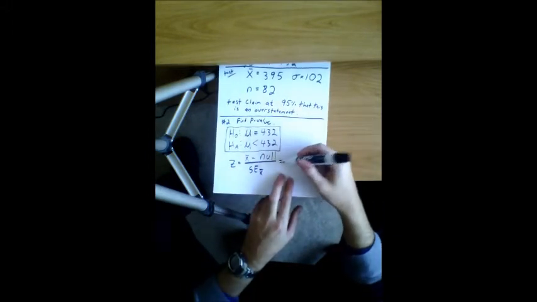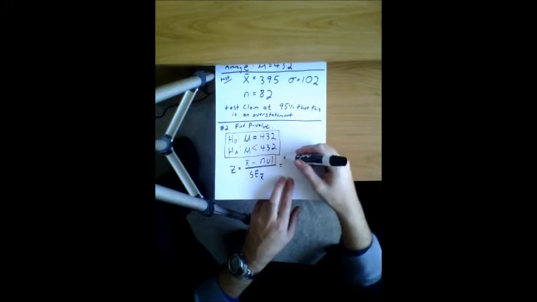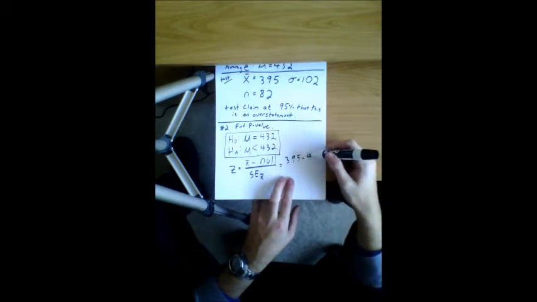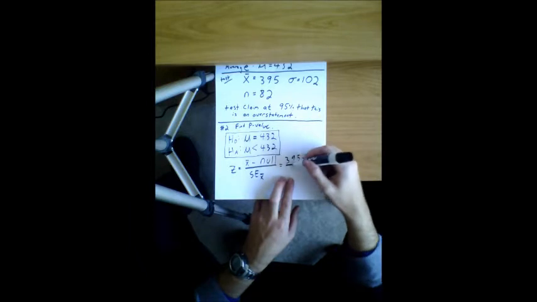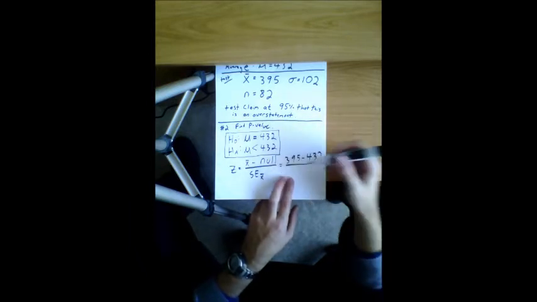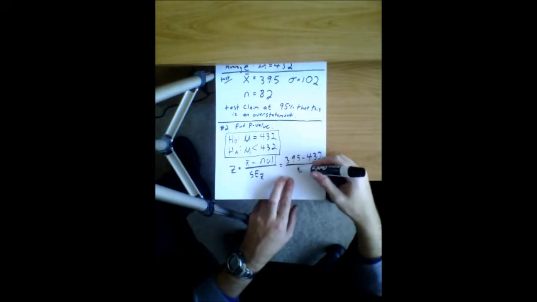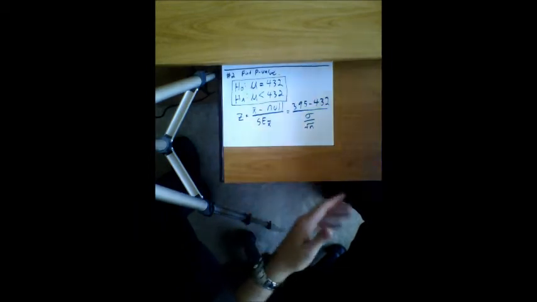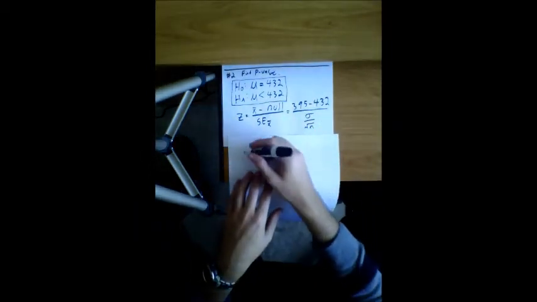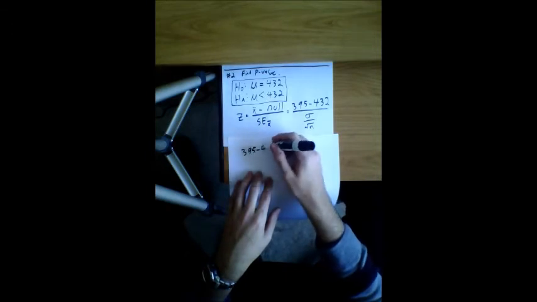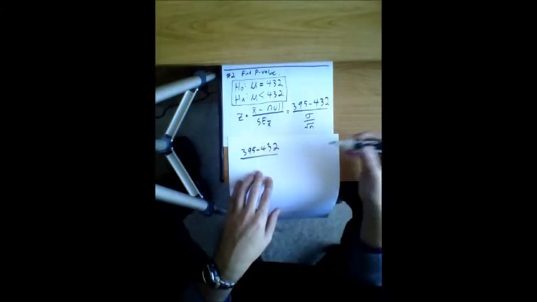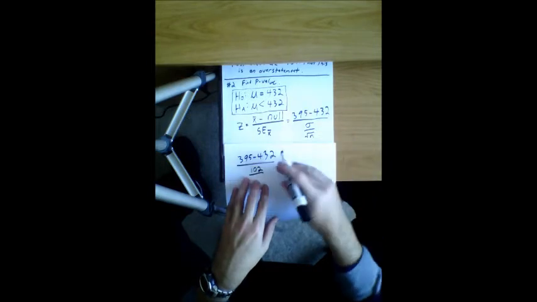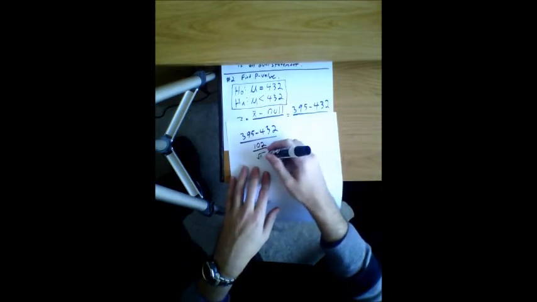So in this case, X bar is 395 minus our null value, which is 432, all divided by the standard error of X bar, which again is just the sigma divided by the square root of n. So continuing on, just plugging these in: 395 minus 432, all divided by your standard deviation, which was 102, and we had a total of 82 of these. So this will be over the square root of 82.